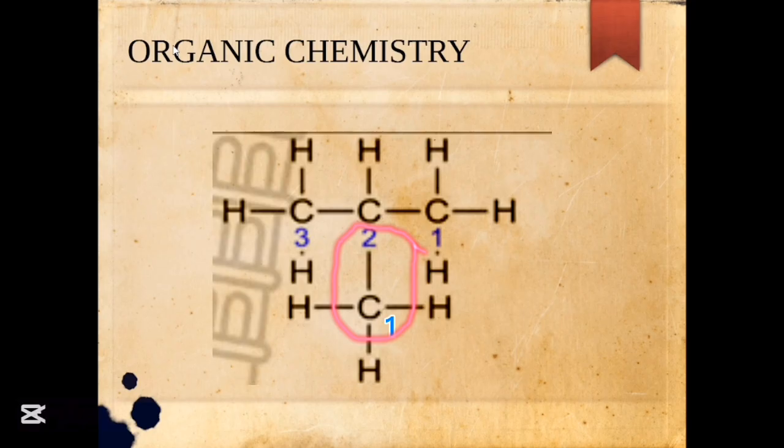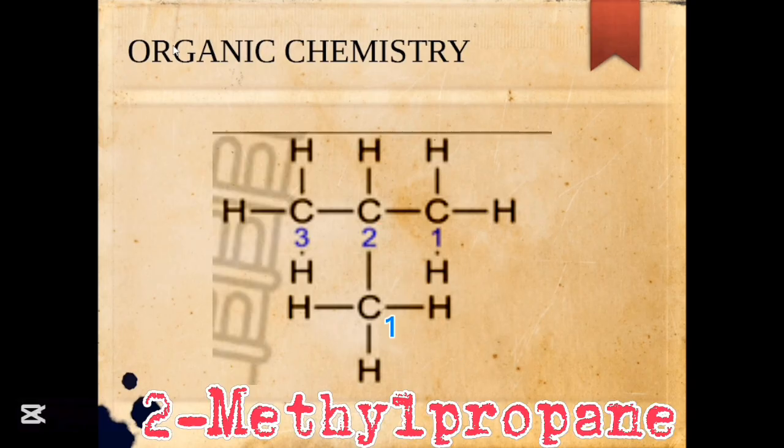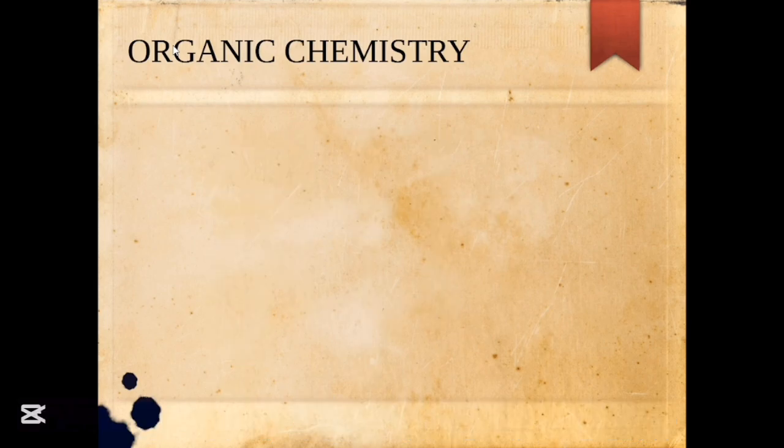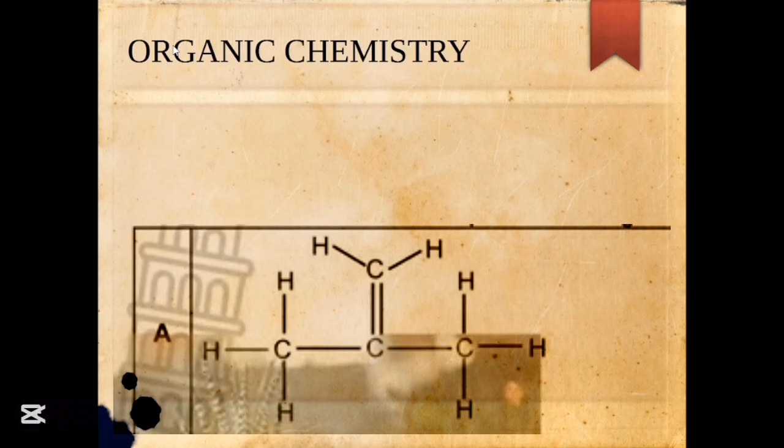And then we can see that it has a branch on carbon number 2, and this branch has only 1 carbon, meaning methyl. Hence the IUPAC name of this compound will be written as 2-methylpropane.